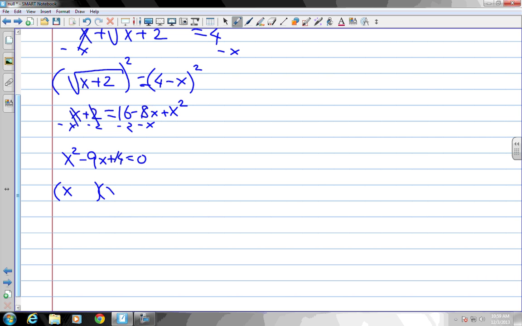What are those two numbers? Negative 7 and negative 2. Very good. Product is positive 14, sum is negative 9. So we'll set each one of those to 0. So x equals 7 and x equals 2.